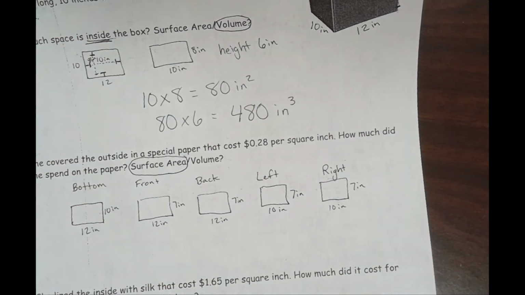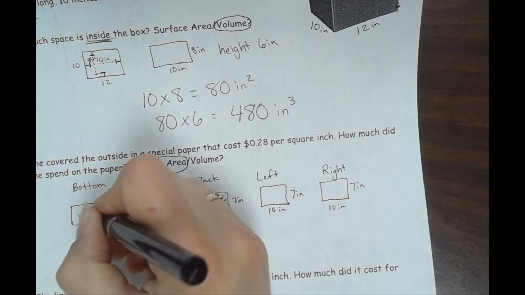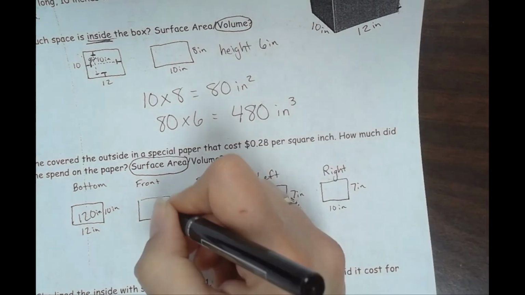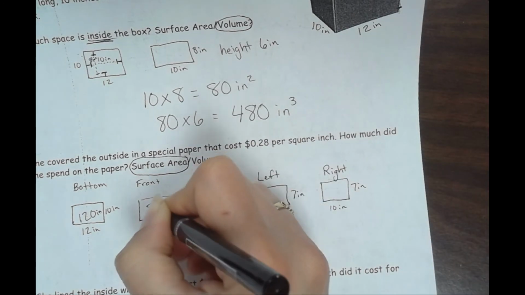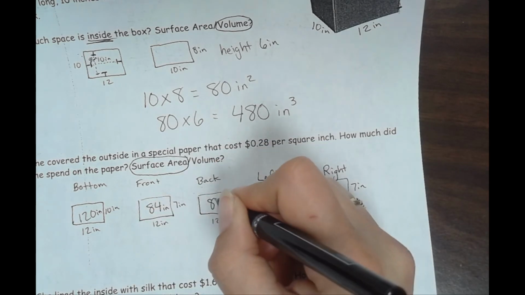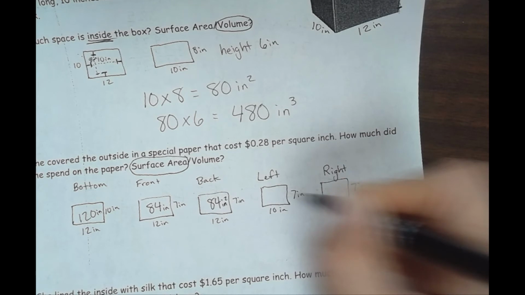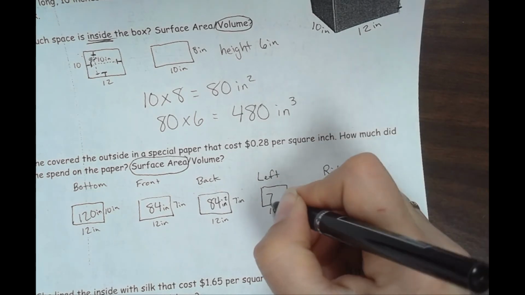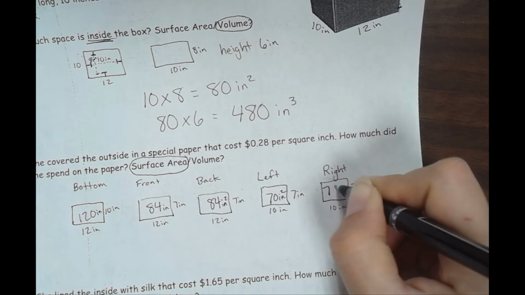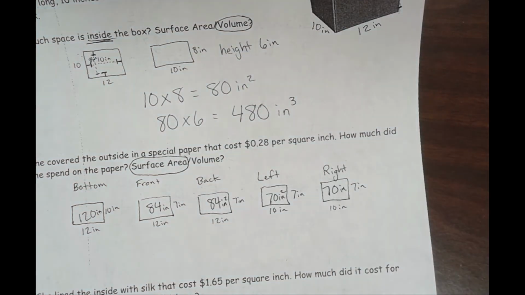So area of each one of these, this one would be 120 because 10 times 12 is 120. 12 times 7 is 84. So this one will also be 84 inches squared. 10 times 7 is 70 inches squared and 70 inches squared.